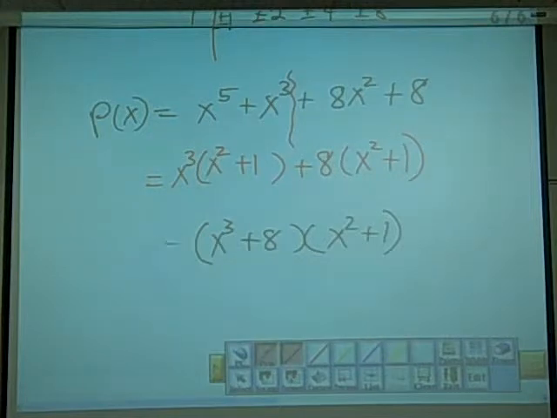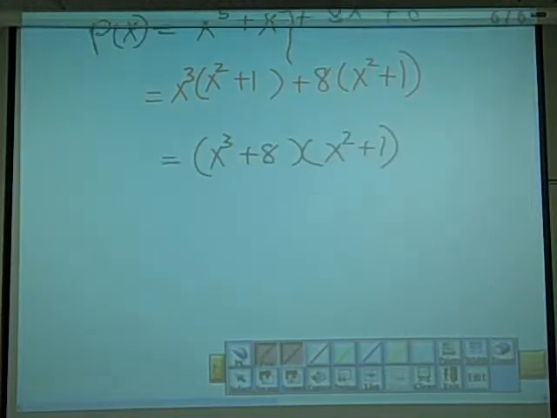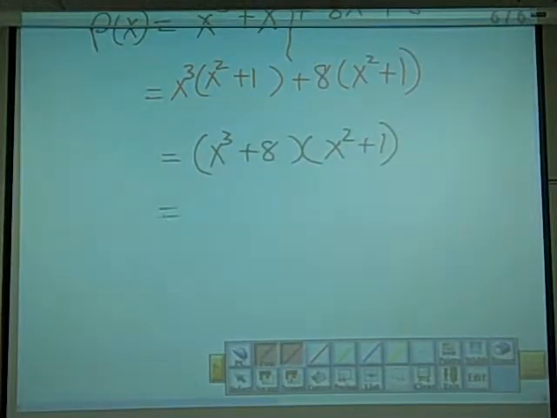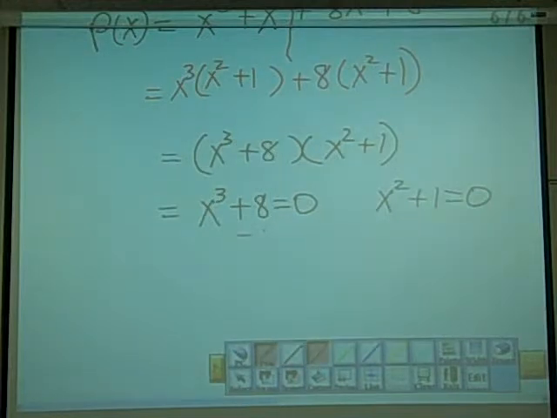Okay, so from here, we can go ahead and set each factor equal to 0. x cubed plus 8 equals 0, and x squared plus 1 equals 0. So we apply minus 8 to both sides, and we get x cubed equals negative 8, and we apply the cube root.